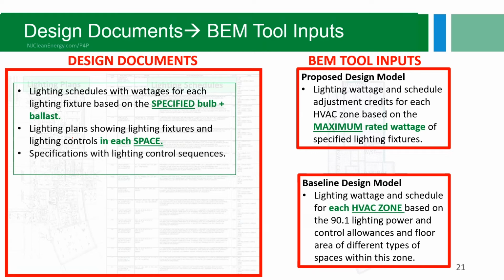Then for the baseline design model, we need to determine the lighting wattage for each HVAC zone again. And this will be based on the 90.1 lighting power allowance in Appendix G. And that will be determined based on the type of spaces that make up the HVAC zone.